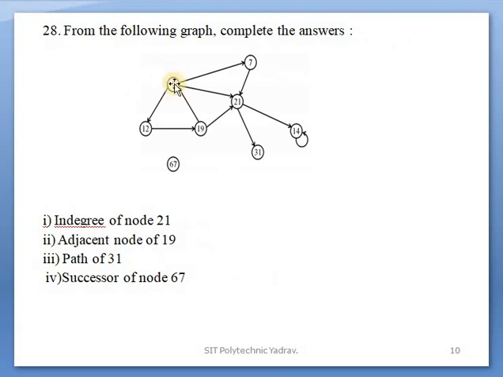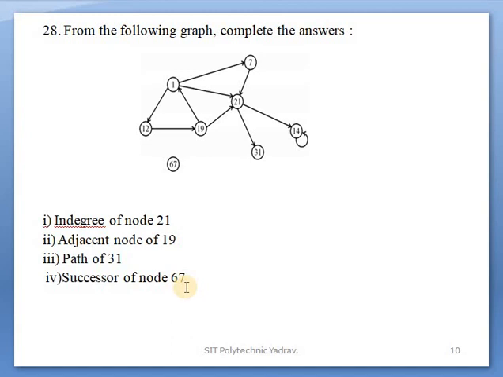Question 28: the graph will be given. What is the in degree of 21? Write down the in degree of 31 and 14. The adjacency nodes of 19, the adjacency node 1, 21, 12, the path of 31, write down.